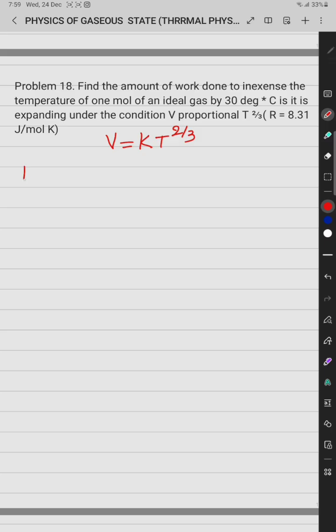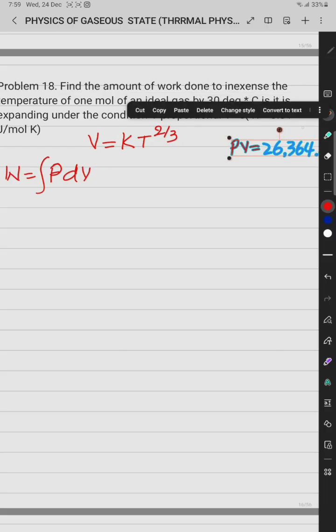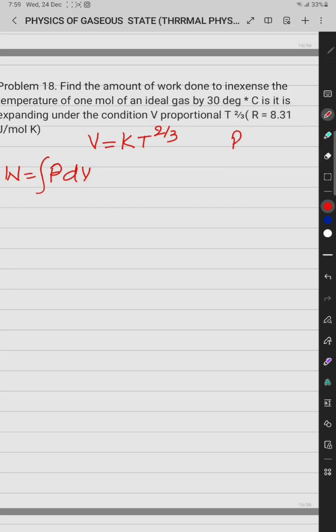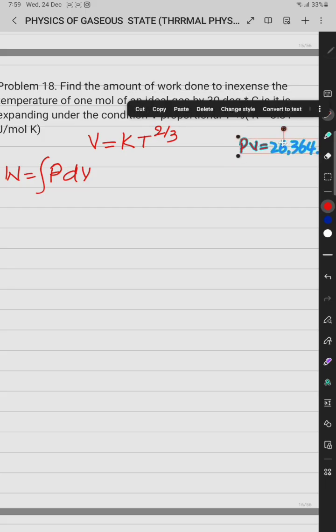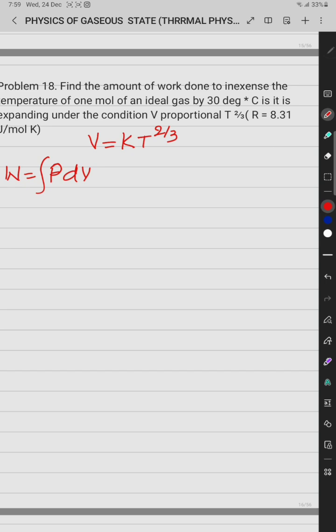We know the work done is equal to P dV, and for 1 mole of gas, PV equals RT. PV equal to RT means P equals RT by V. Then work done is equal to RT times dV by V.